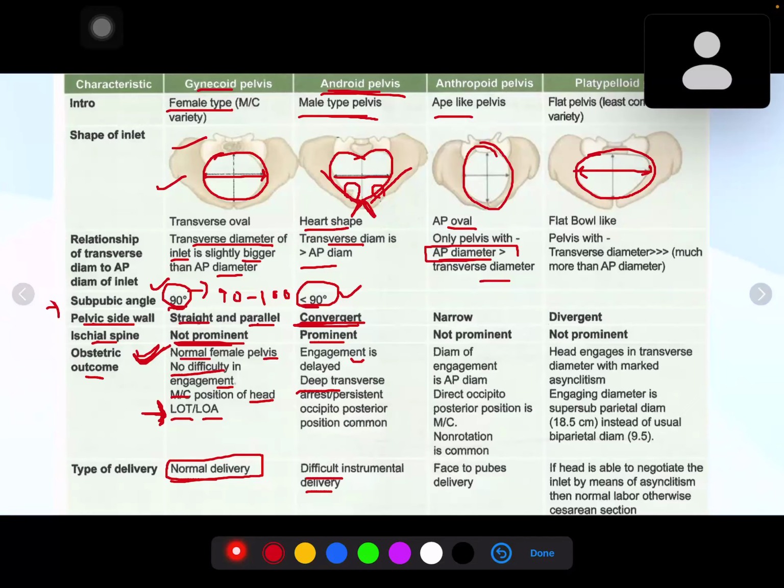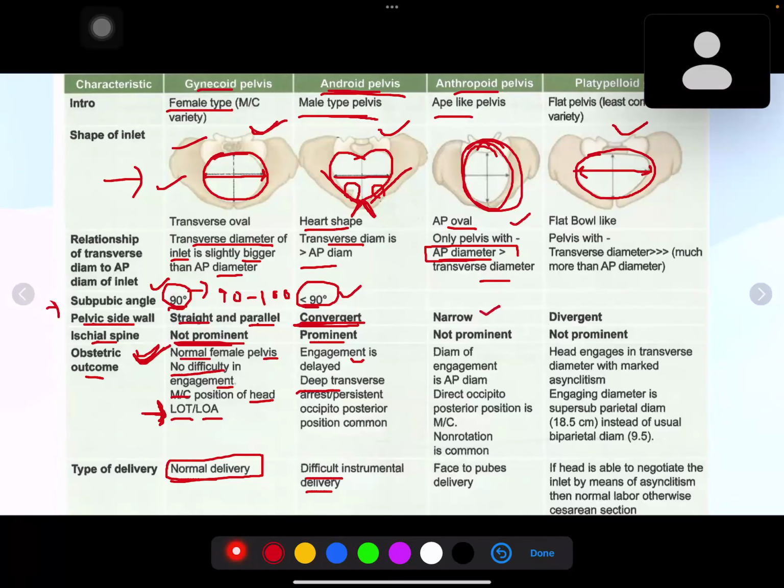Now in all the other types of pelvis, you see here the transverse is more, here also transverse diameter is more. Platypelloid also, the transverse diameter of the inlet is more. Only this type of pelvis, because the oval is shifted anteroposteriorly, has the AP diameter more than transverse, only in this anthropoid pelvis.